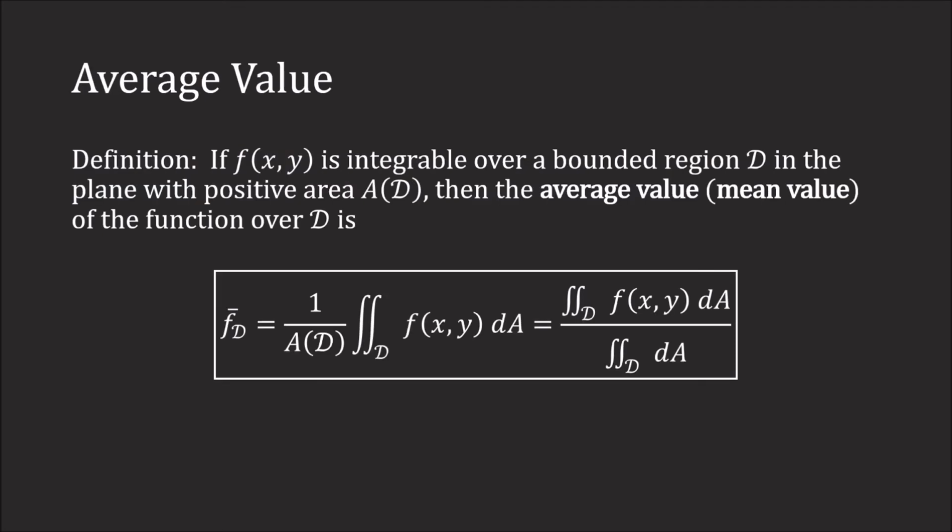And it's specifically going to be f bar of D is 1 over the area of the domain times the double integral of f of xy over that domain. Right, but this, of course, we just saw was the double integral over the domain of just dA, so it can be represented this way as well. And this is referred to as the average value or the mean value of f of xy over the entire domain.